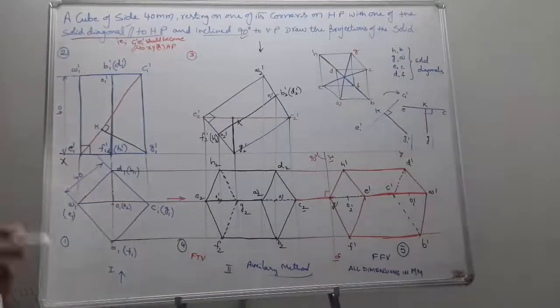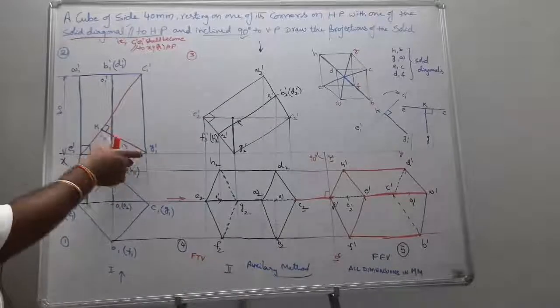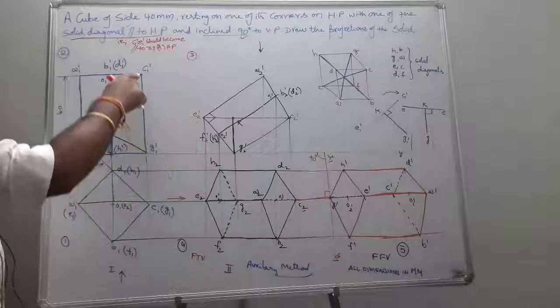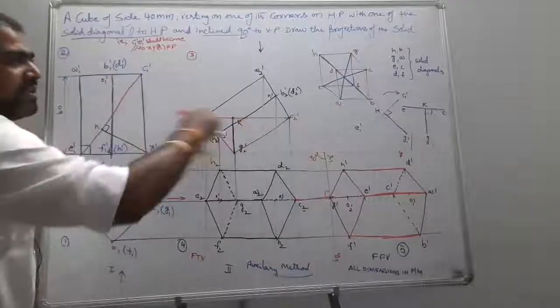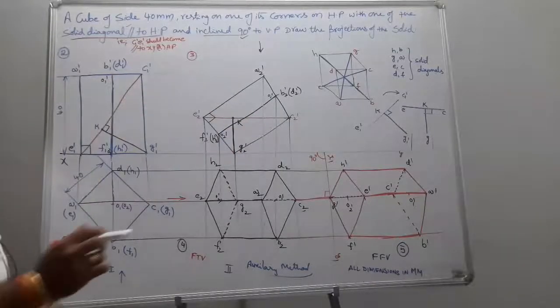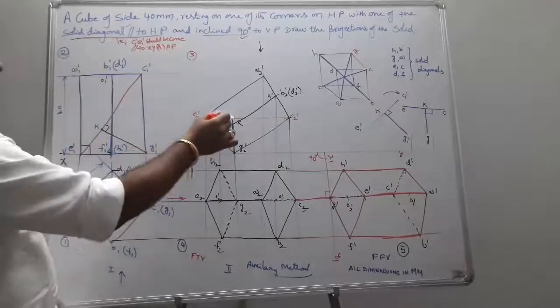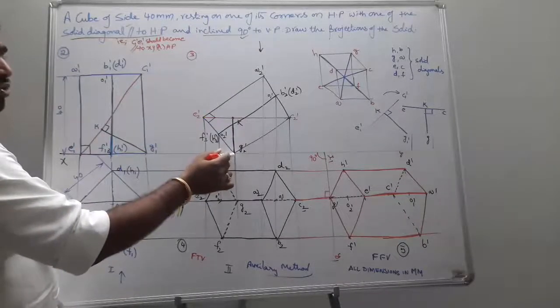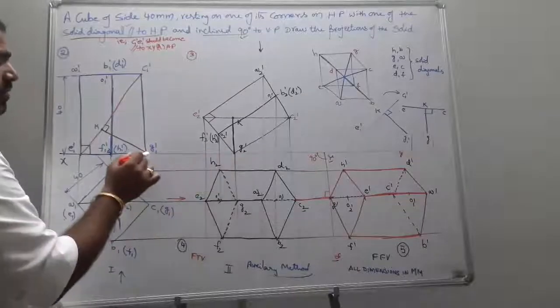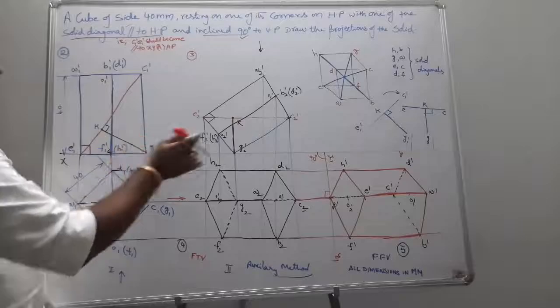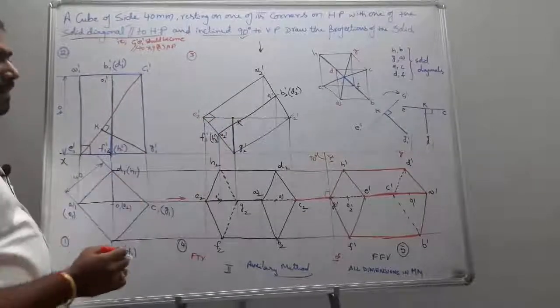I follow the same procedure. I take my GK vertical, which means CE becomes horizontal. That means I draw a line perpendicular to XY from G, which is one of the corners resting on HP, and I measure GK and draw GK.